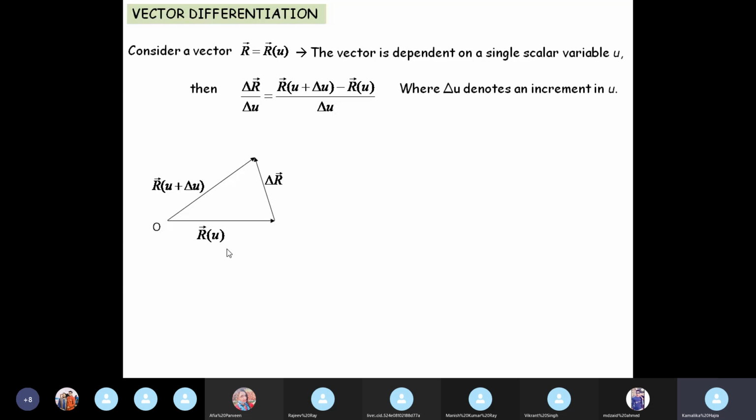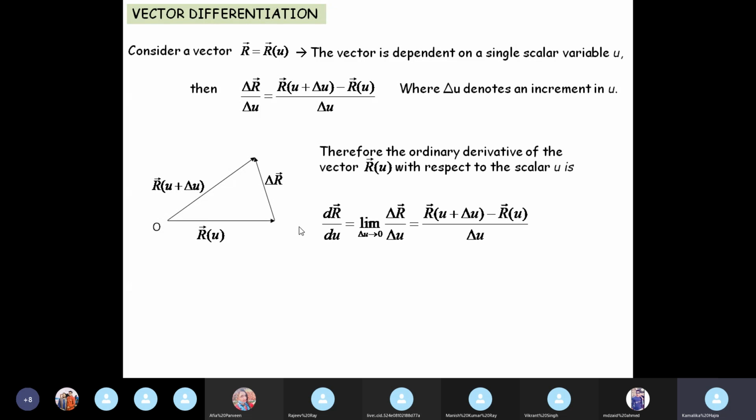So by triangle law of vector addition, we can see that this vector joining the tips of these two previous vectors is given by delta r. Alright, so the derivative of the vector r with respect to the parameter u is simply dr/du is limit delta u tends to 0, r at u plus delta u minus r at u divided by delta u.